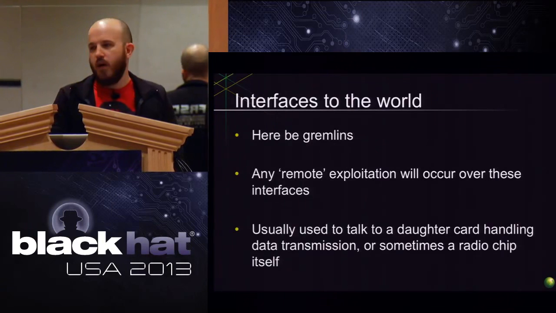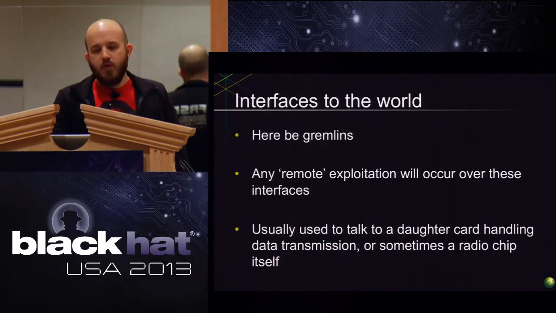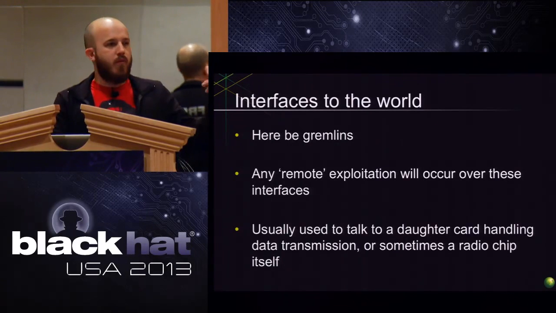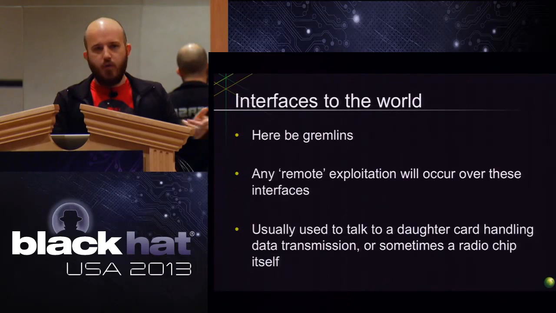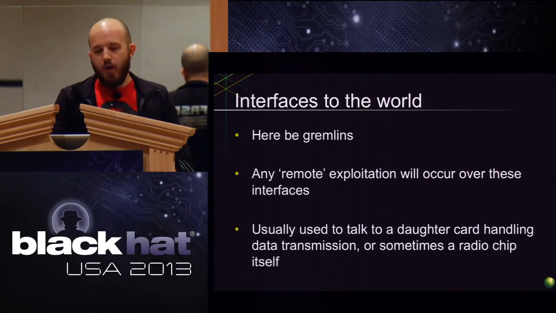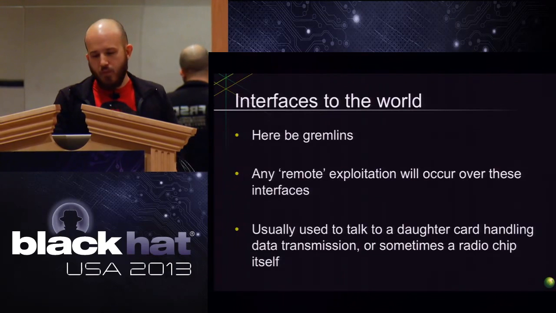Because this is where you actually get to interface with code. So remote exploitation occurs over these types of interfaces. Cutaways talked about finding bugs at least over that optical port, doing it on that side. There's another serial port on the other side of this that then talks to the world, somehow. And whatever that's handling, that's where your problems are going to be.